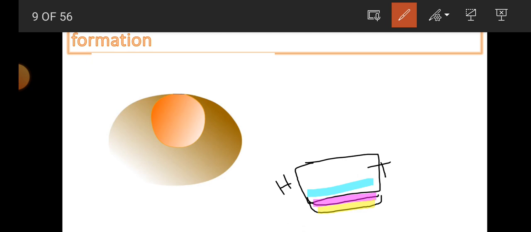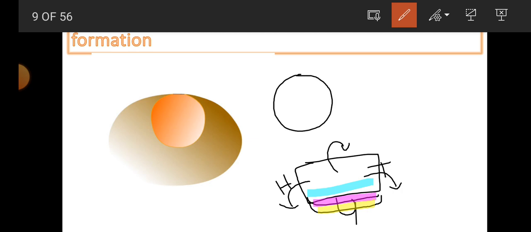Now this embryo is going to undergo a head fold, a tail fold and two lateral folds. We saw a ball of cells, two layers were there. Now it becomes three layers.